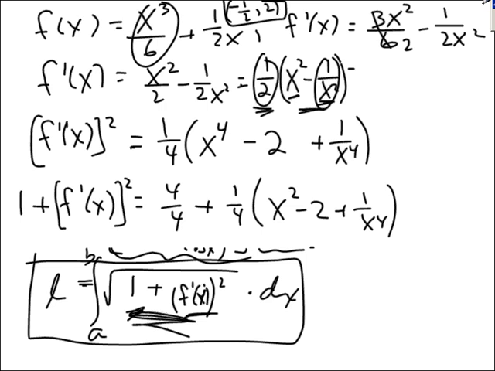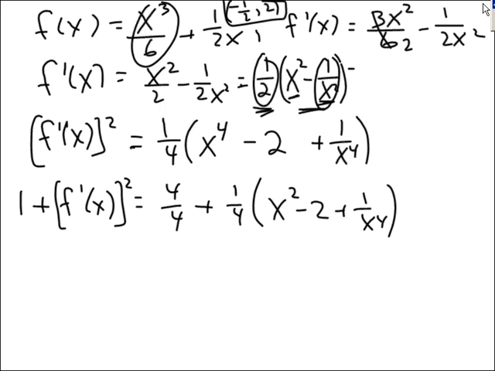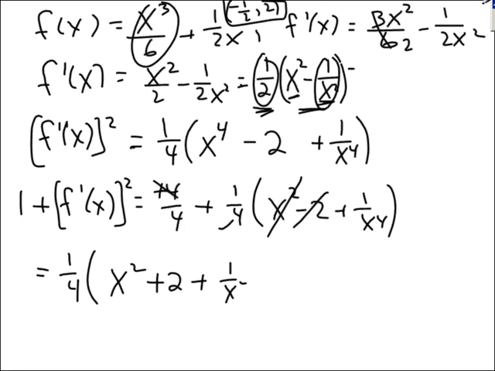Okay. Now I can factor out the quarter. I can factor out the 4 in the bottom. It's 1/4 times x to the 4th minus 2 plus 4, which is plus 2, plus 1 over x to the 4th.